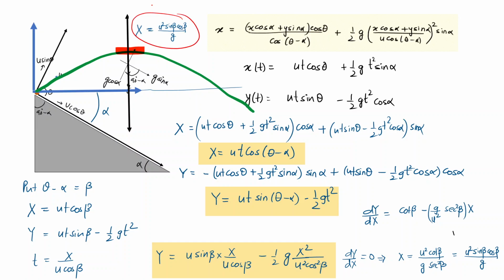So that's it. Whether you are projecting a particle from an incline, or from any other point on a horizontal plane, or from some tower or anything like that, the path of the projectile on a surface close to Earth's surface will always be a parabola, but with a vertical axis. So suppose you have this kind of a situation.